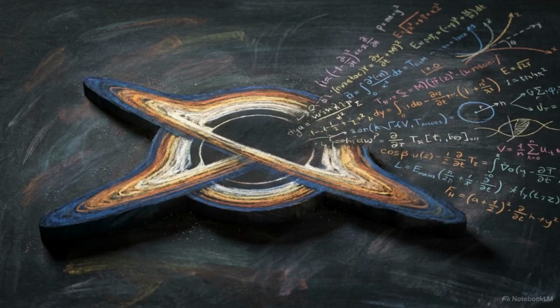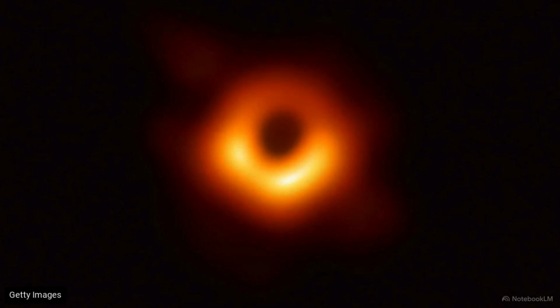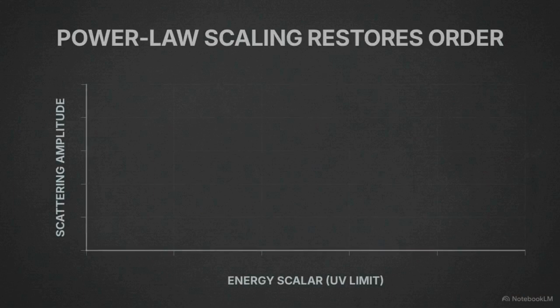Without topology change, the swampland must rely entirely on the thermodynamics of semi-classical black holes to enforce its consistency bounds. This means extracting mathematical limits from the way a black hole processes information and entropy at its event horizon.